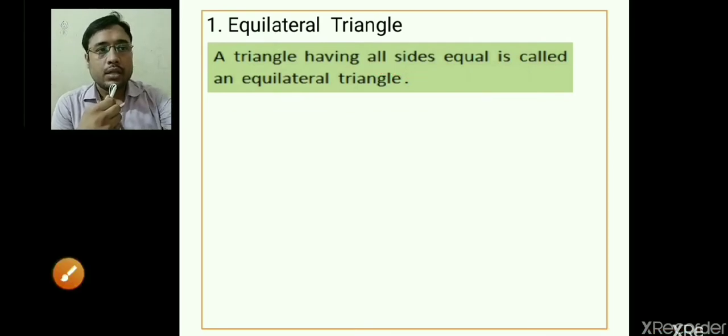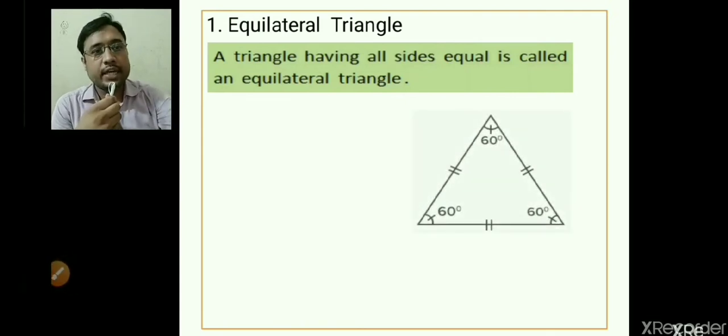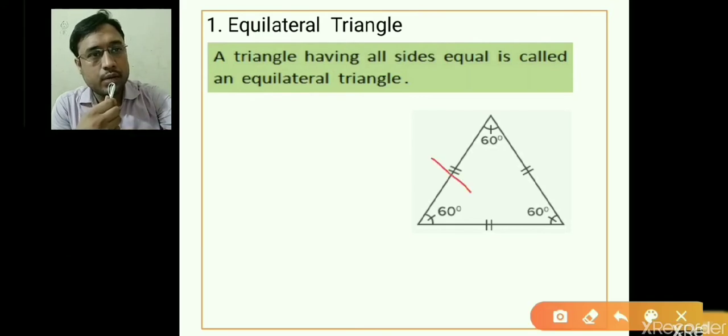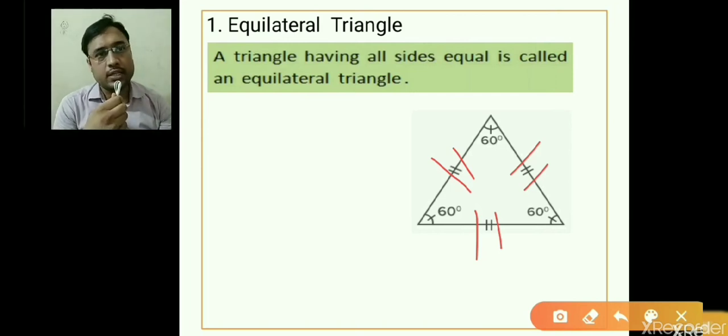For example, in this diagram all the sides are marked with two small lines on each side, which indicates that these three sides are equal.